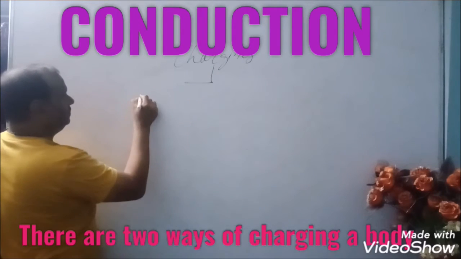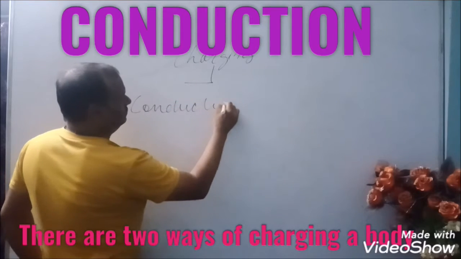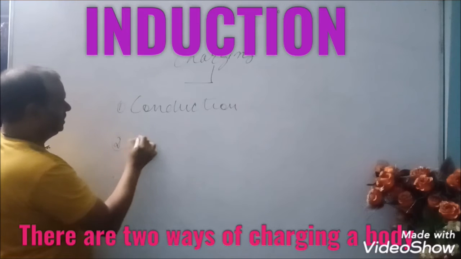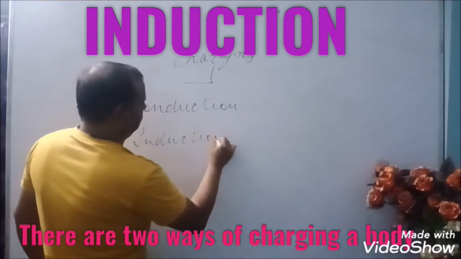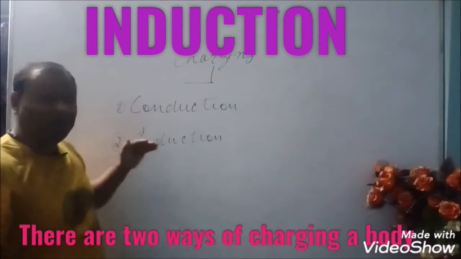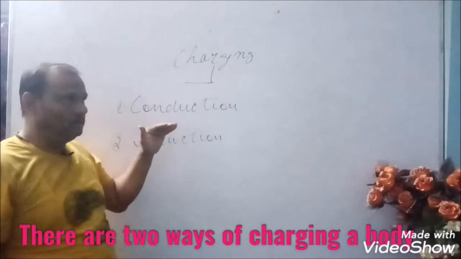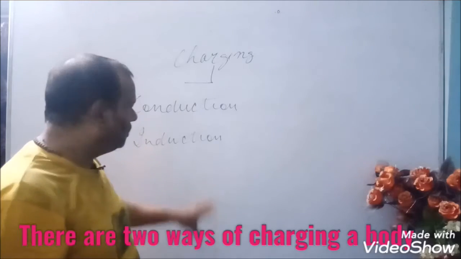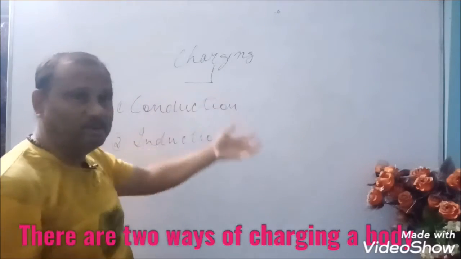Number 1 is conduction and number 2 is induction. We will first talk about conduction, then we'll come to induction. So what is conduction? What sort of body can we charge? We always talk here about an extended body. Extended bodies can be charged.